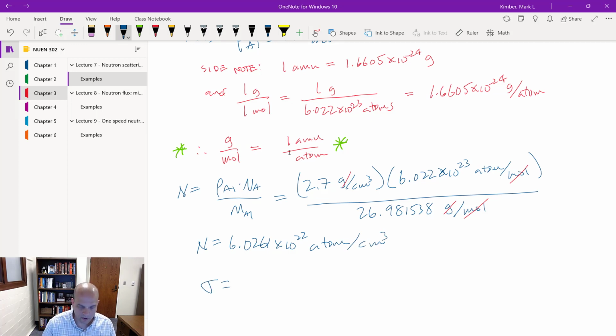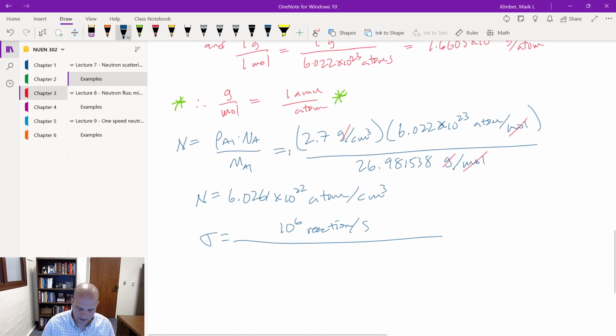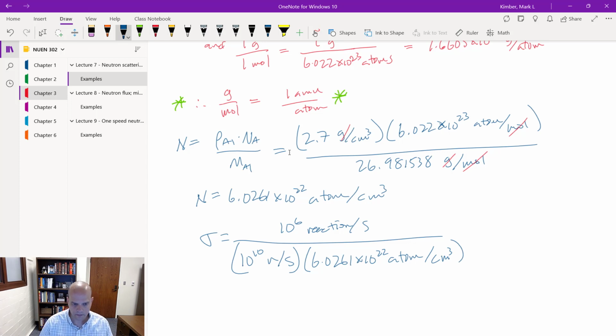And so sigma, our cross-section, is going to equal 10 to the 6 reactions per second divided by 10 to the 10th neutrons per second multiplied by my atom density now, 6.0261 times 10 to the 22 atoms per centimeter cubed, multiplied by the thickness, right?